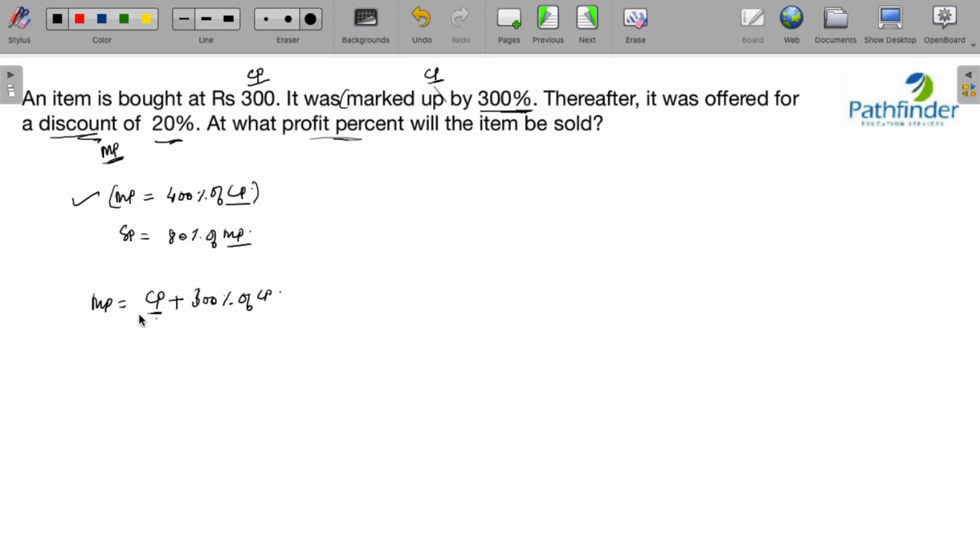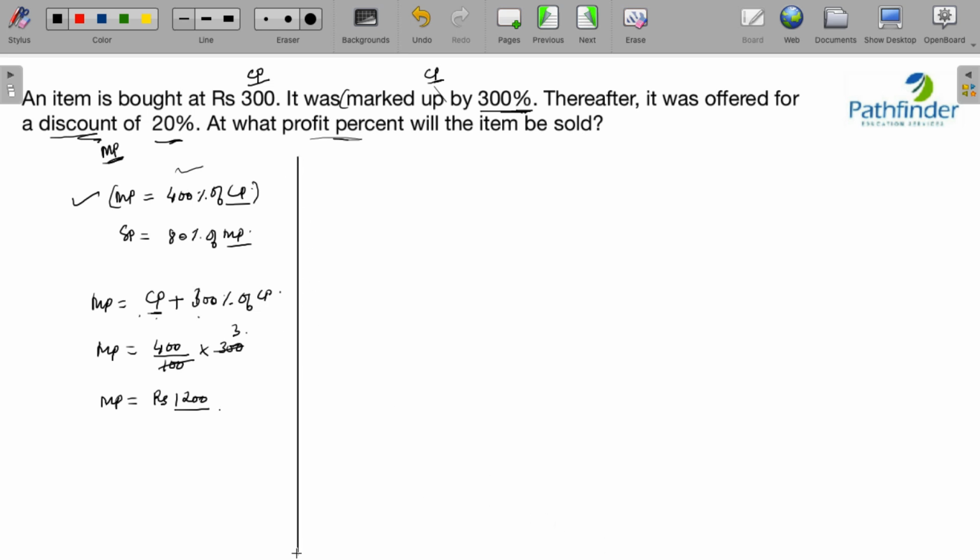And since cost price will be 100% of itself, 100 plus 300 gives you 400% of CP. So market price will be 400 upon 100 into CP, that is 100. This goes 3 times. So market price is rupees 1200.